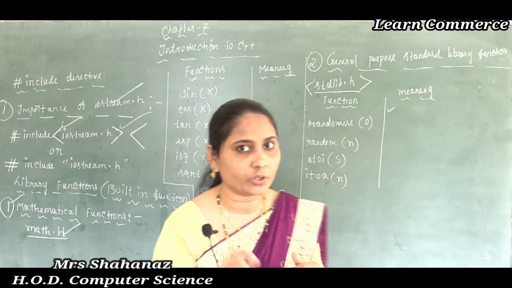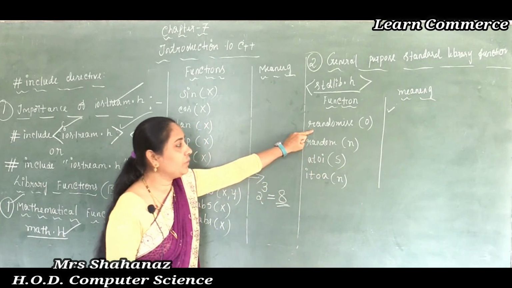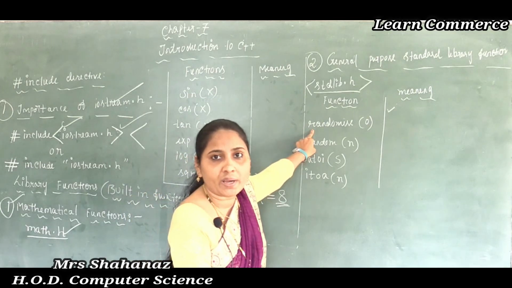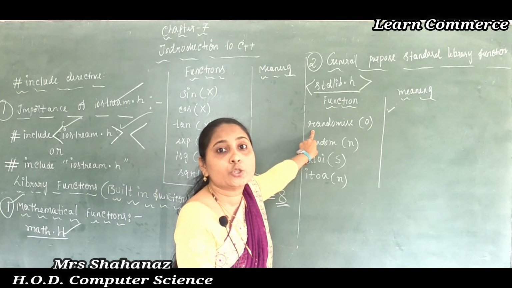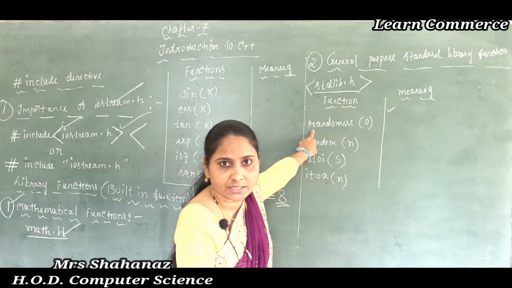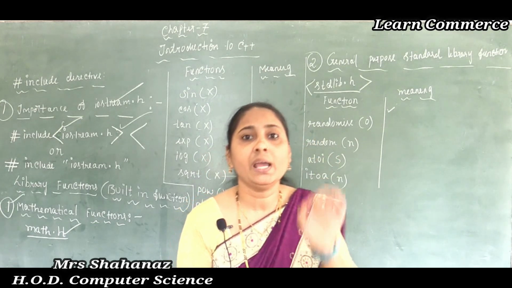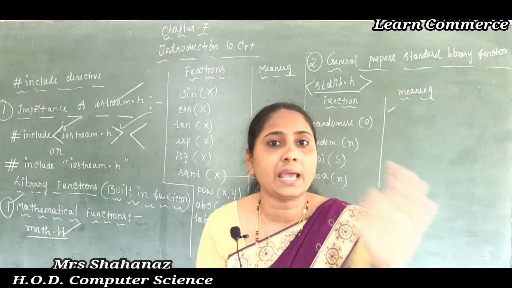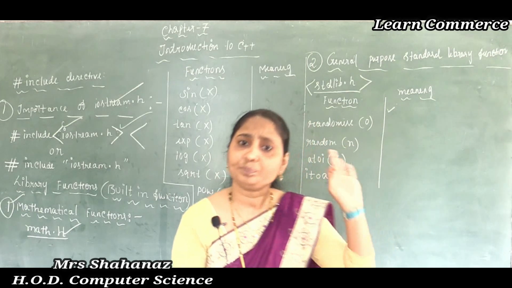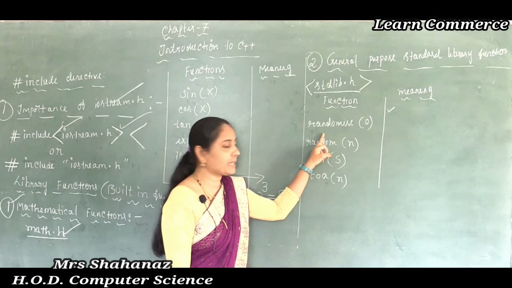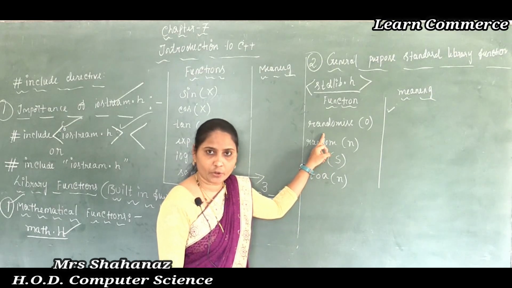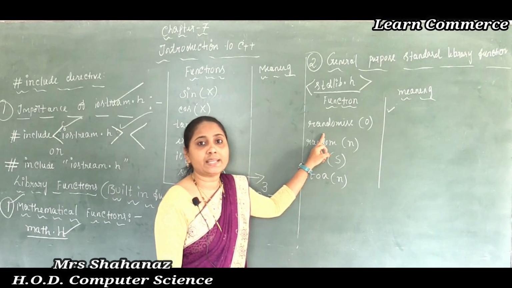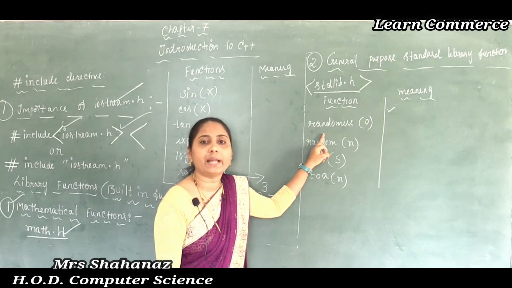Maybe a is equal to 10. That means we are initializing some value to a, that the value is 10 here. So randomize of 0 is used to initialize the generator with a random number here.